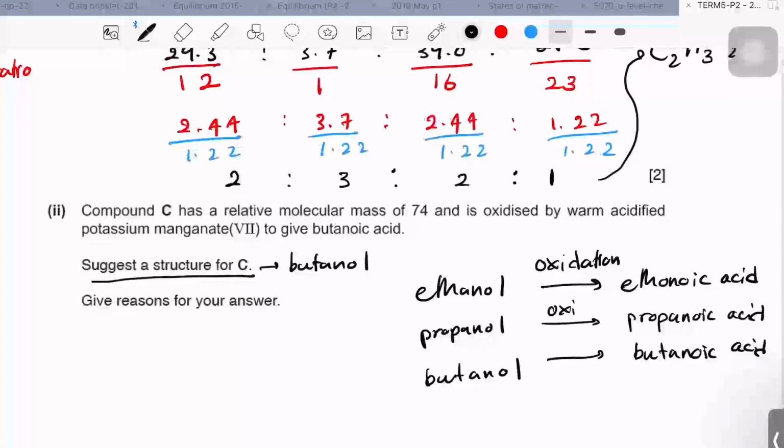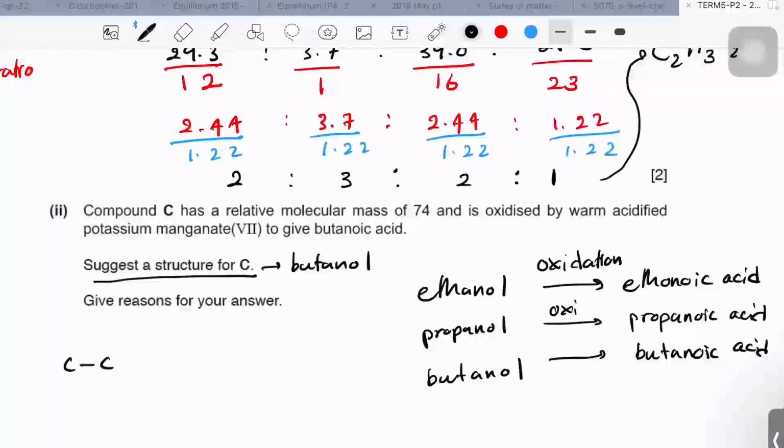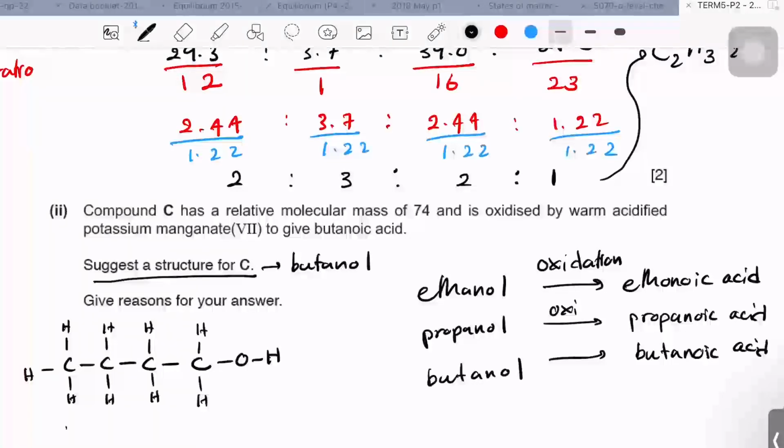Right, so when we draw, we can put 4 carbons in a straight chain. We can put the OH on this carbon and then complete the structure by adding hydrogen atoms. Since they have not asked for a displayed formula specifically, students can also use the structural formula. You don't have to show all the bonds. You can also draw it like this: CH3, CH2, CH2, CH2, OH.